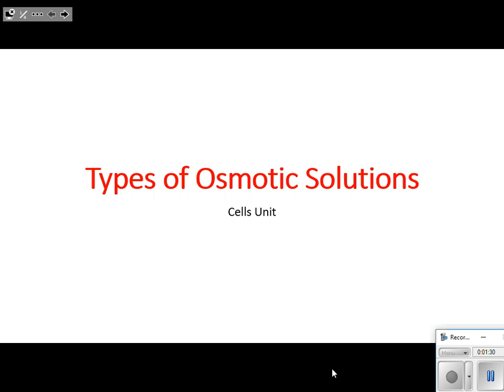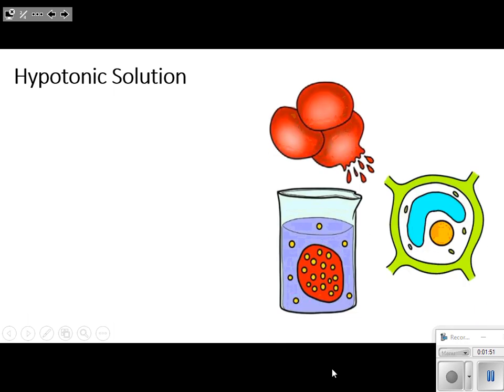So let's start out with a hypotonic solution. Now, when I look at the hypotonic solution, here is the picture of it.